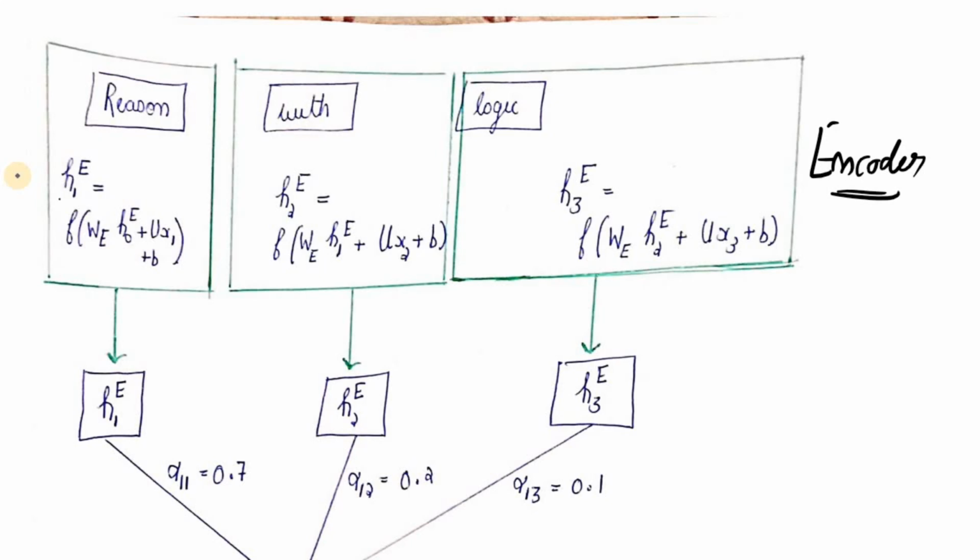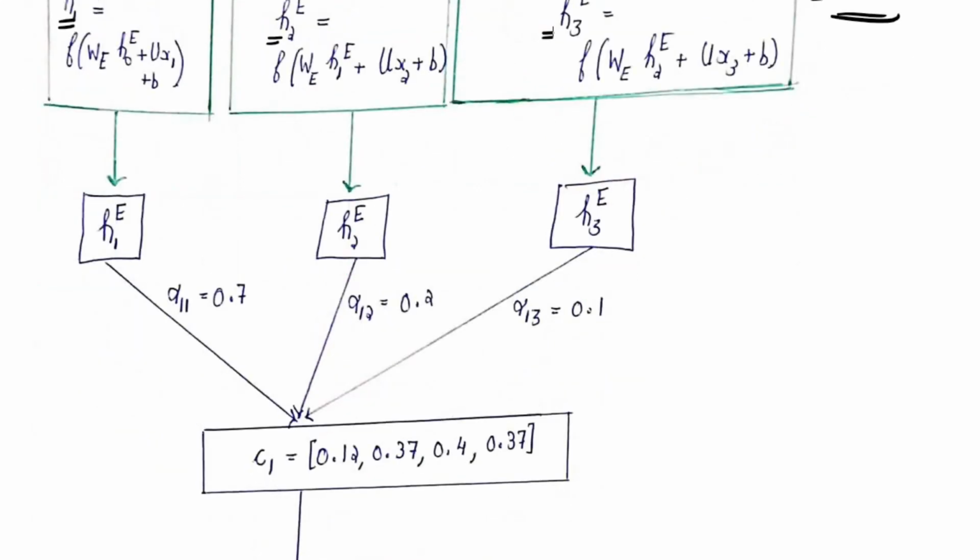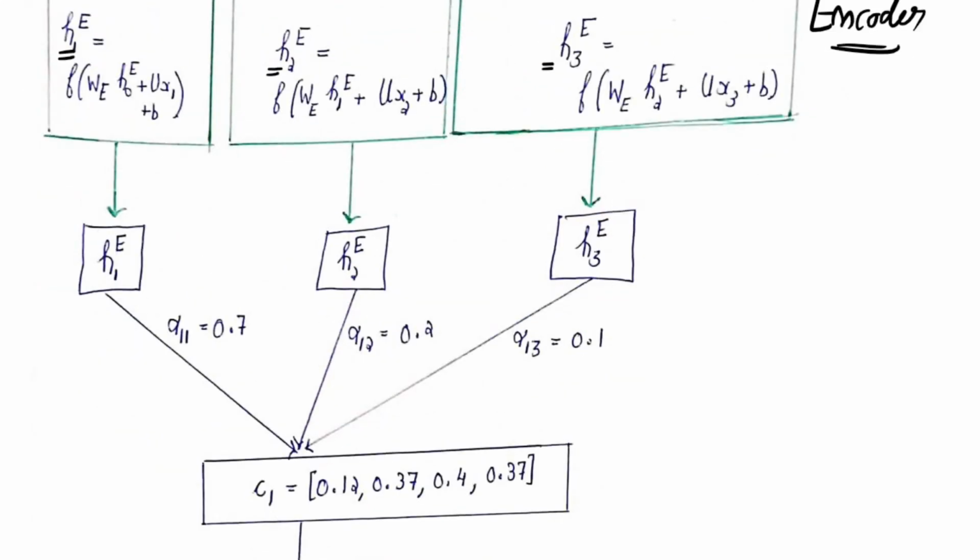So we calculate the hidden layers for each of the words, and the way to do that I have explained previously. Then we proceed forward to calculate a context vector by assigning different probabilities to different hidden states.